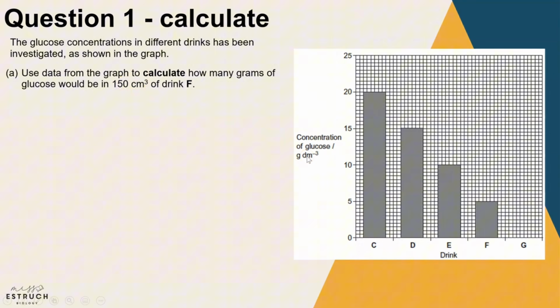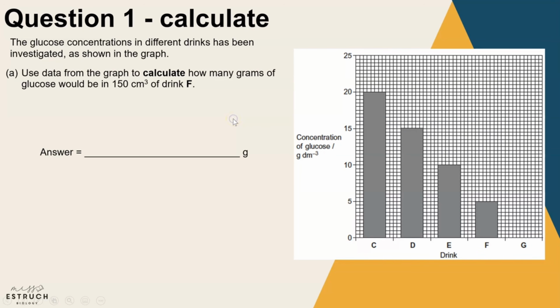The volume that we have in the graph is decimetres cubed. So at some point you will need to do that conversion. So if I was doing this question, that's the first thing I'd be highlighting. Then it's looking at F in particular. So that's the one that we are looking at.